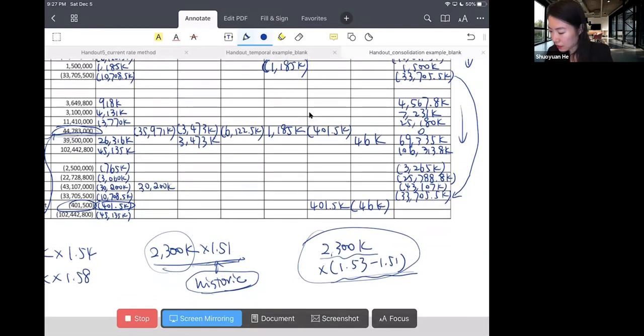Your CTA will go to its number, and then all of the liabilities and equities will go to this. It should be equal to your total assets.